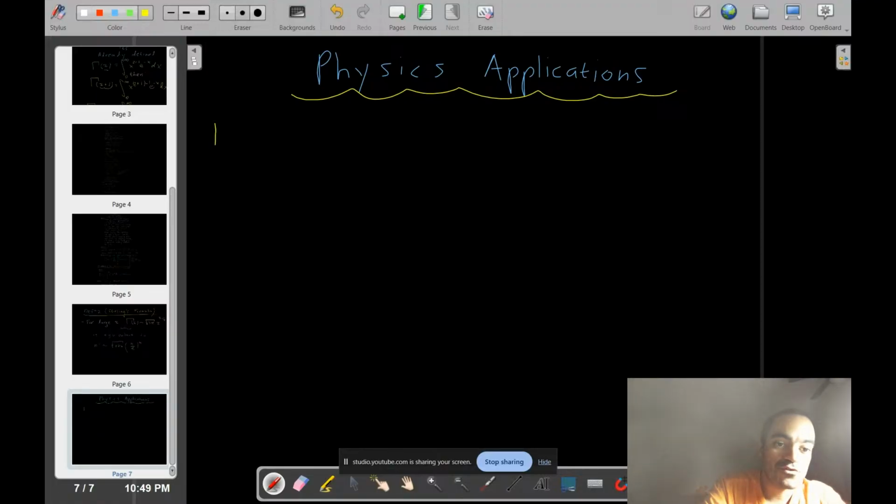First, the heat equation. The heat equation comes up a lot with the gamma function.